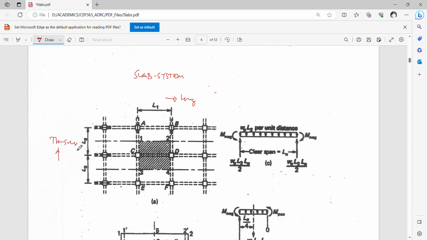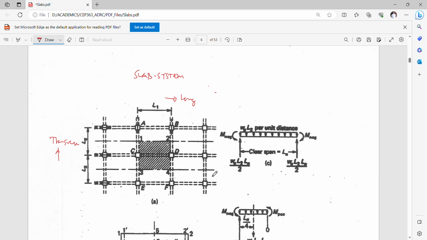The first thing we have to do is to consider the strip that we want to analyze first. In this case, it's very obvious that we make use of these interior columns here as the basis for the strip that we need to analyze as a frame. This strip is measured at the center half span of your L2 on these two sides.